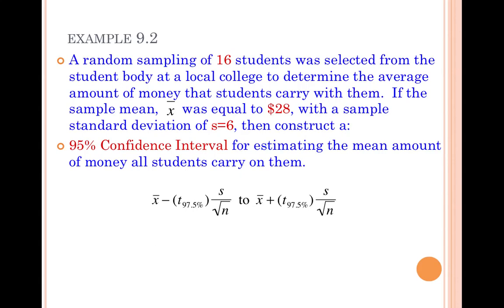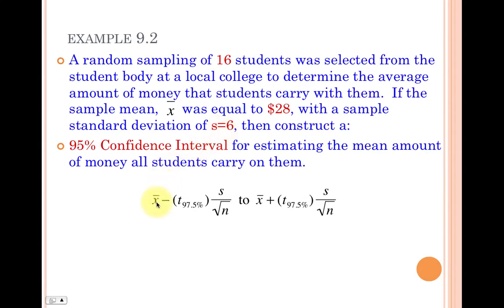Okay, so the formula for a 95% confidence interval when dealing with the t-distribution, now we know we're dealing with the t-distribution because we don't have a population standard deviation, we have a sample standard deviation.